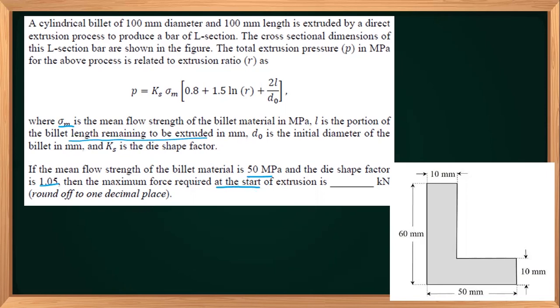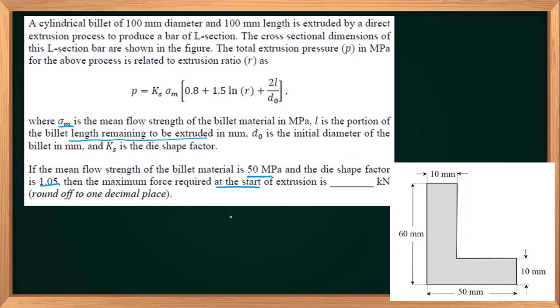So you understand that maximum force is required at the starting point of this extrusion, right? At the starting point of this extrusion, can you tell me what is L? L is defined as the portion of the billet length remaining to be extruded. At the start, what will be my L? L will be nothing but the length of our billet.